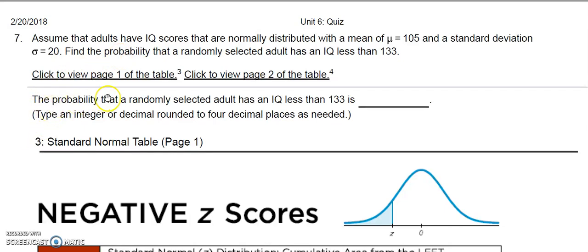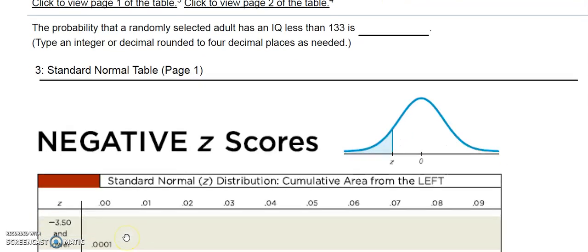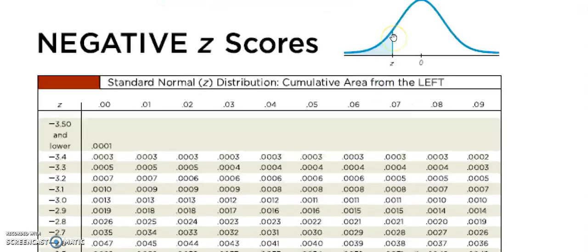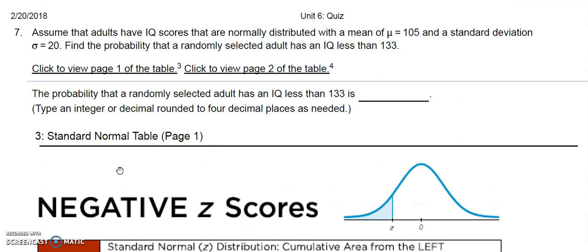Once we find the corresponding value in this table, that would be the answer. Going to the positive side, 1.4 is here, and we don't have any decimals, so it's 0.00. So 0.9192 is the probability we're looking for.